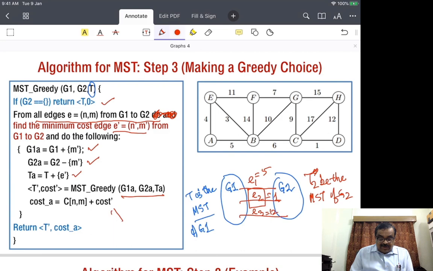And there is only one cost that you will get back, and that cost is to be returned. Which means that of all the branchings, we have been able to reduce to a single branch. So we have seen that we are able to make a greedy choice and come to the final algorithm.